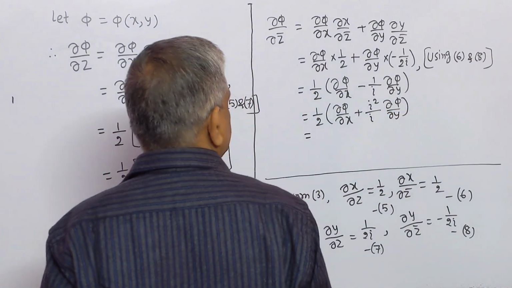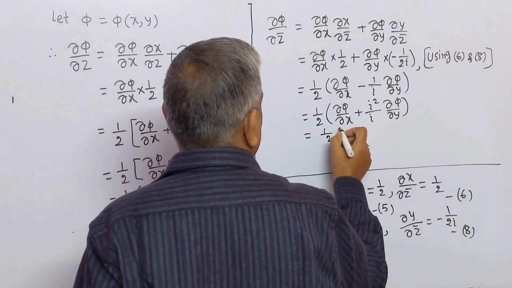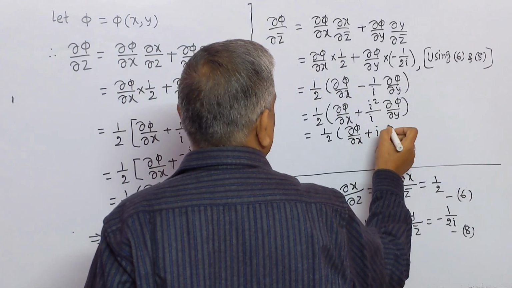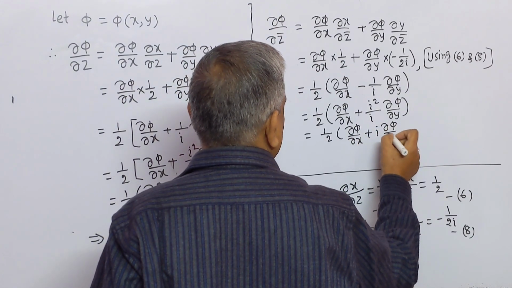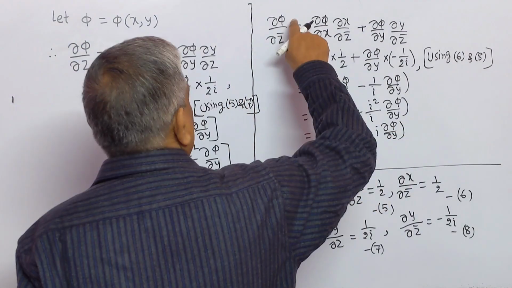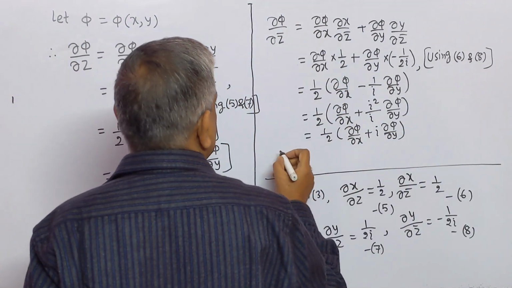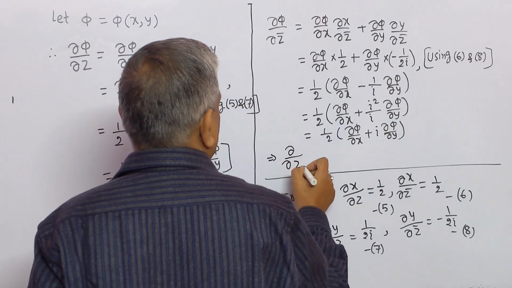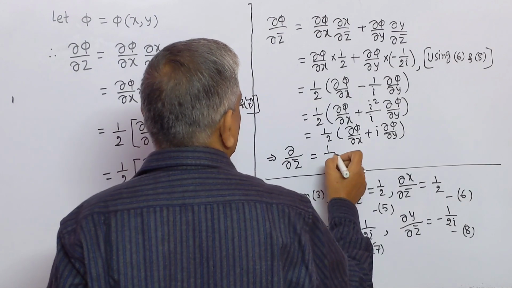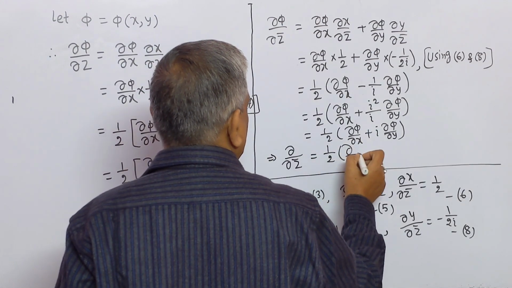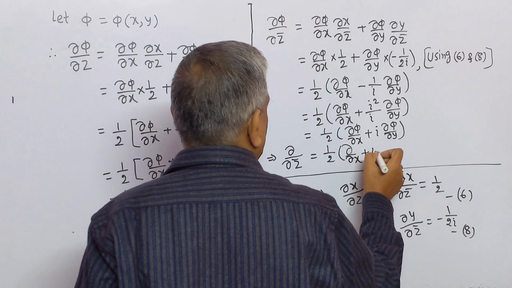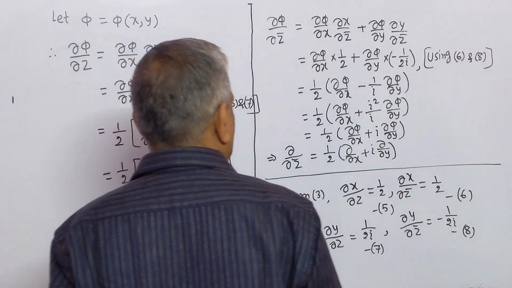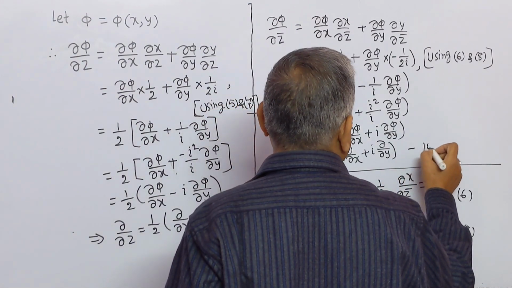This is equal to half del phi by del x plus i del phi by del y. If we do not mention phi on both sides, we will get del by del z bar equal to half del by del x plus i del by del y. This is number 10.